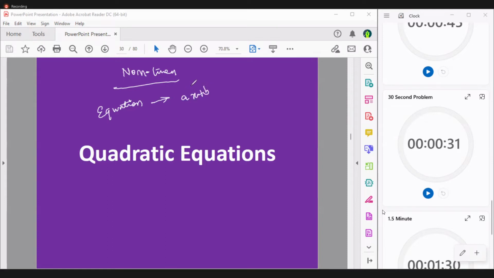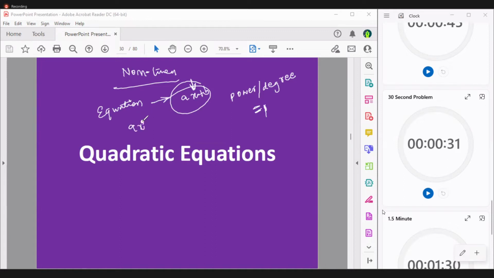Now here, the power of x, or basically the power of the variable, the highest power, or to use a better term, the degree. If the highest degree of that particular variable is 1, then that equation is a linear equation.